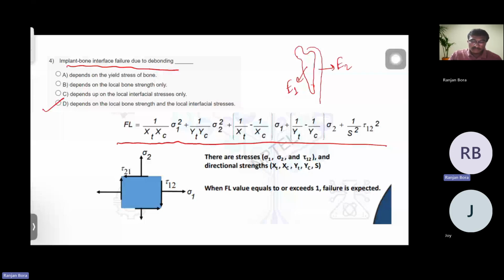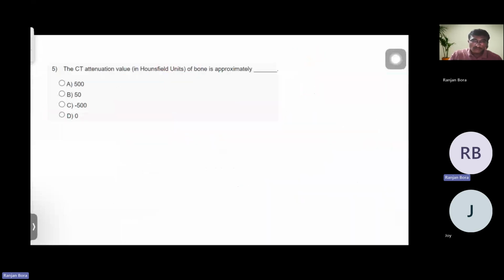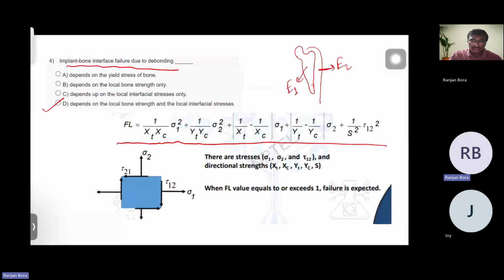If E1 is the Young's modulus of the implant and E2 is the Young's modulus of the surrounding bone, then because of the difference in material properties between the implant and the bone, we can consider this whole system as a composite.